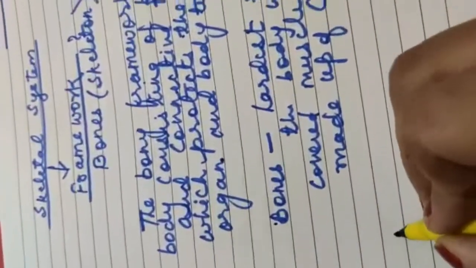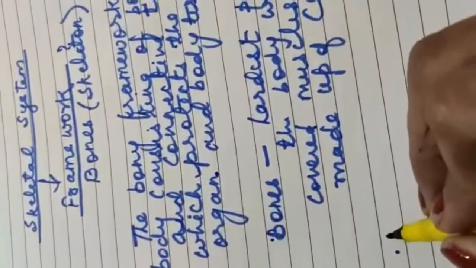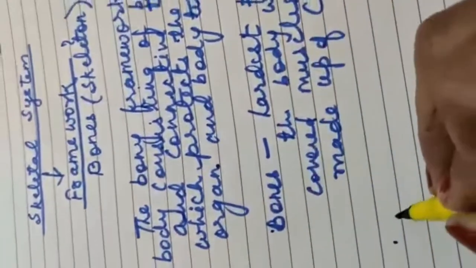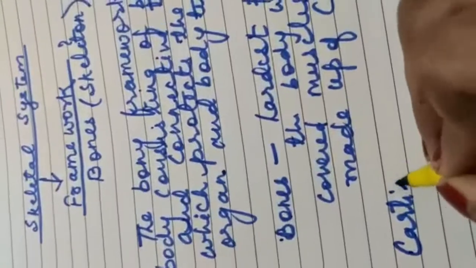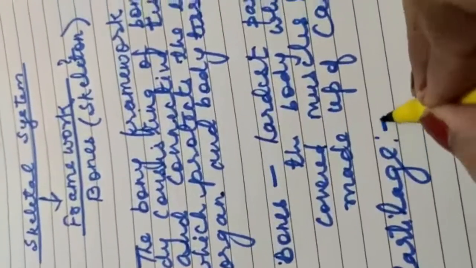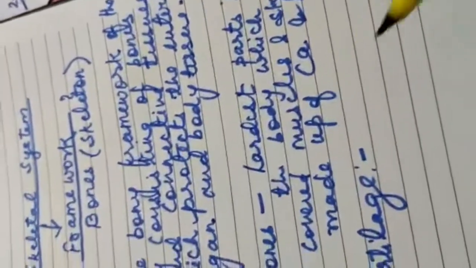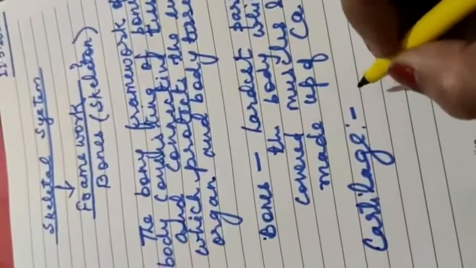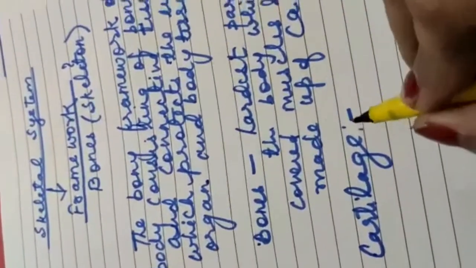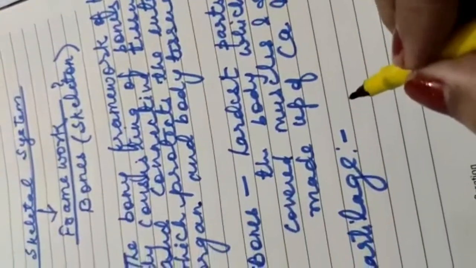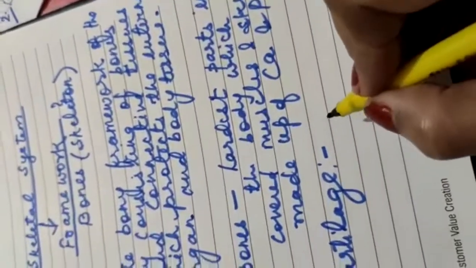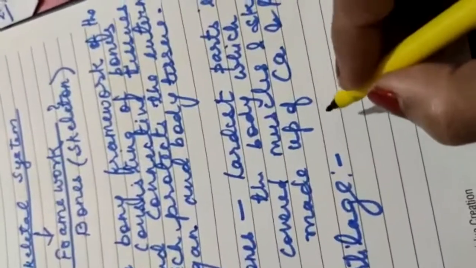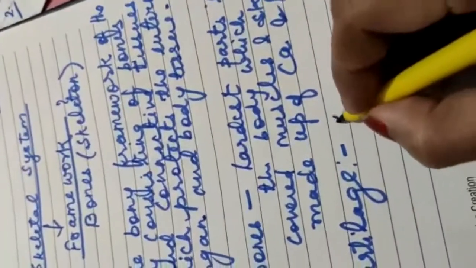Now, the second point, besides bones the skeletal system is made up of cartilage. Then the question is, what is cartilage? Cartilage is stiffer than muscles, but less flexible than muscles. It is soft bone.